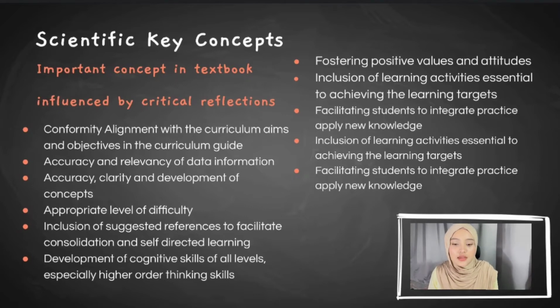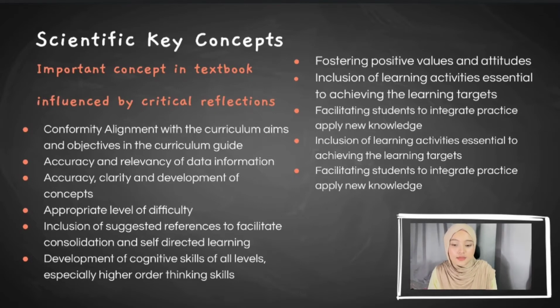Let me explain. Number 1, conformity, alignment with the curriculum aims and objective in the curriculum guide, accuracy and relevancy of the data information. Third, accuracy, clarity, development of concept. Next, appropriate level of difficulty and inclusion of suggested references to facilitate consolidation and self-directed learning.